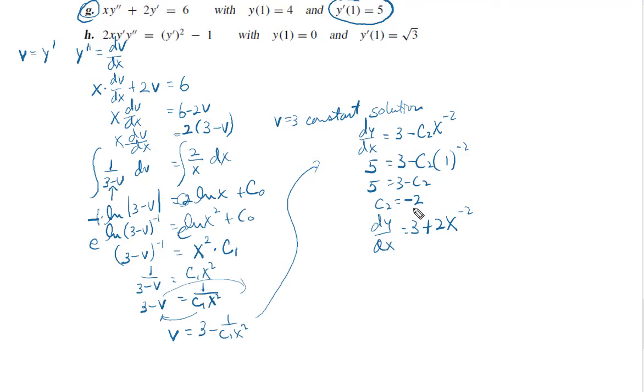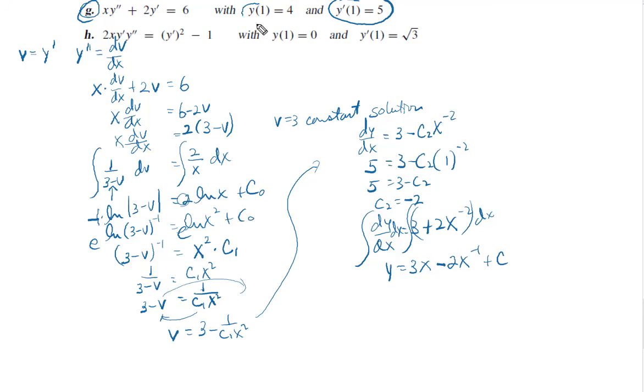That is directly integrable, so we will integrate both sides with respect to x, and we'll get y equals 3x, that would be 2x to the negative 1 divided by negative 1, which would make it a negative 2x to the negative 1, and then here's a constant of integration for that integral.